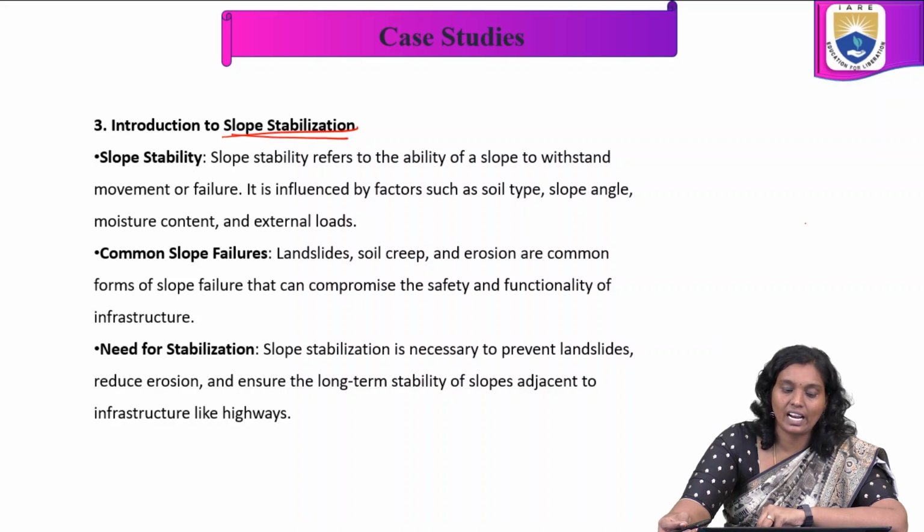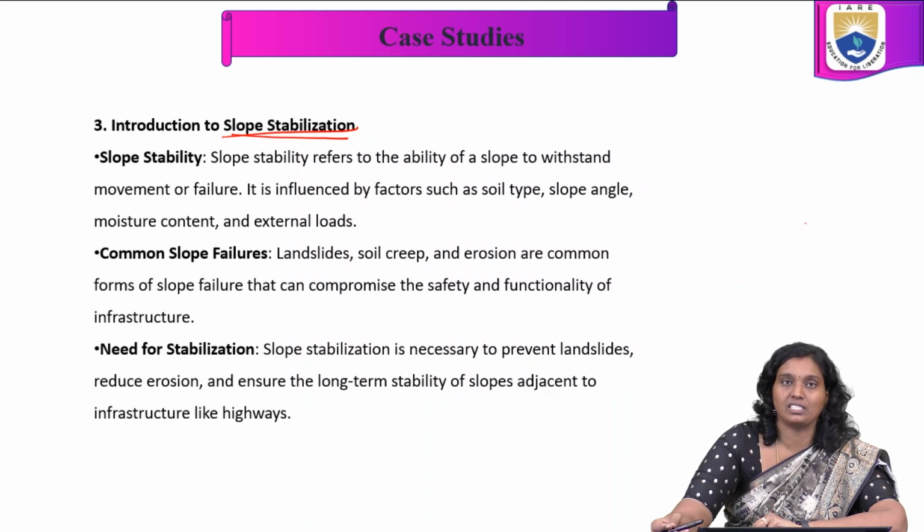Landslides, soil creep and erosion are common forms of slope failure that can compromise the safety and functionality of infrastructure. Here, slope stabilization is necessary to prevent landslides, reduce erosion and ensure the long-term stability of slopes adjacent to infrastructure like highways.